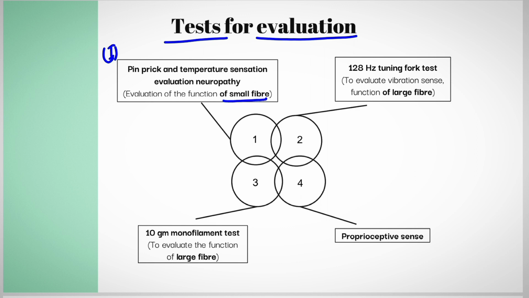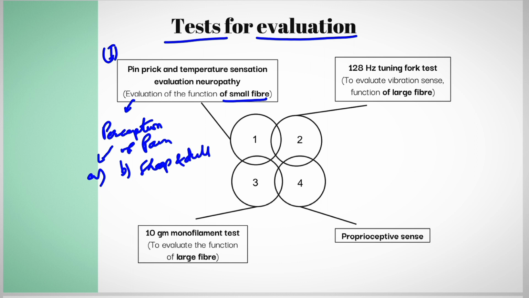This pinprick test is used to assess the perception of pain, and in this test we usually check two variables. The first one is the ability to feel a pinprick, and the second one is the ability to determine the difference between sharp and dull pain.